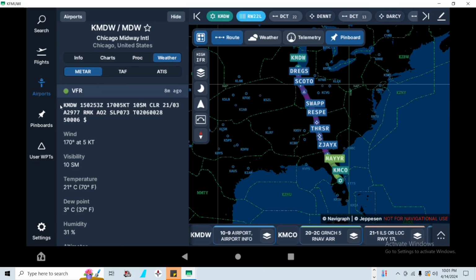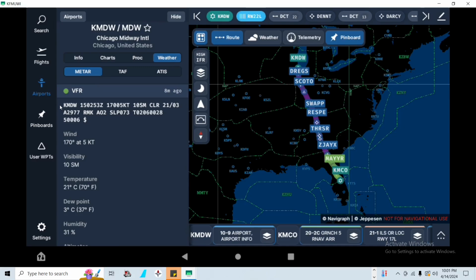Looking at the METAR here on screen, if we look at that first line again, it gives us the airport. Then it gives us the day and the time: 150253 Zulu, so on the 15th at 0253 Zulu. Next to that, it's going to give us our direction and wind speed again: 17005 knots, so 170 degrees at 5 knots.